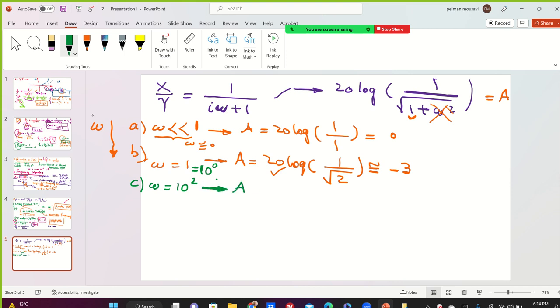So it's going to be 20 log of 1 over the square root of 101, because 100 plus 1. Okay. So it's going to be how much, guys?